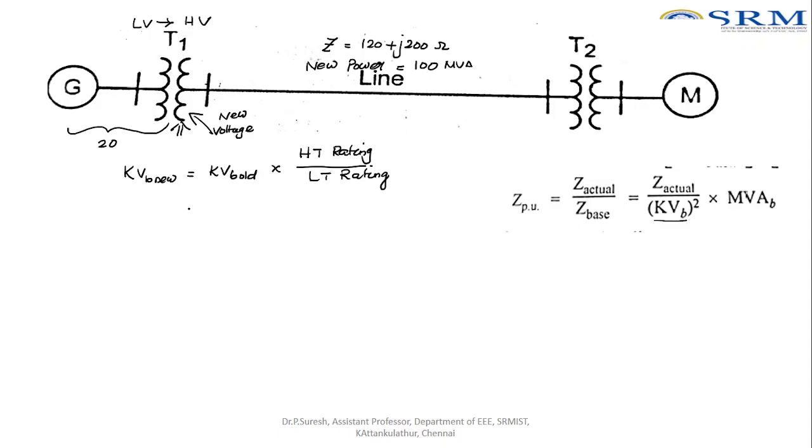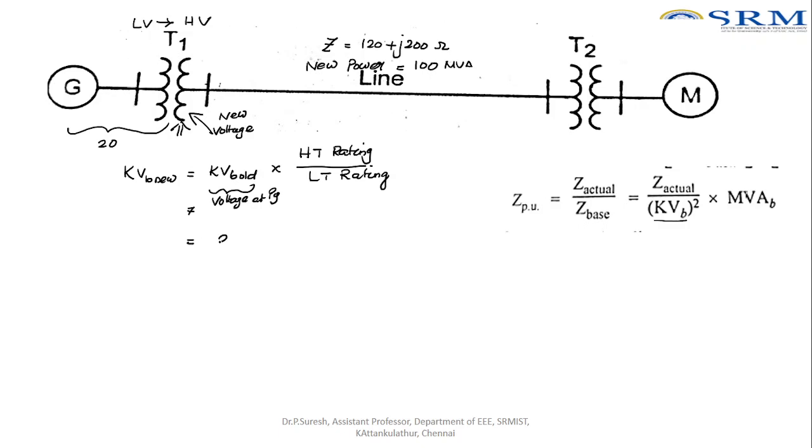Right. So kVb old is nothing but the voltage available at the primary side, that is the old voltage. What is the voltage at the primary side?